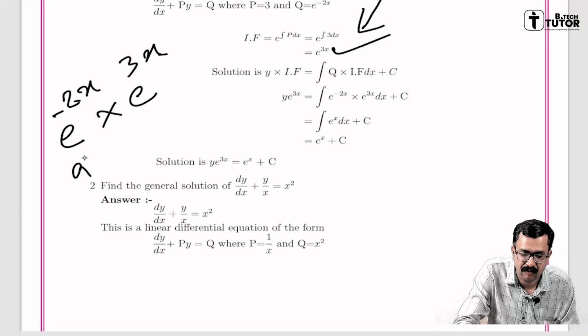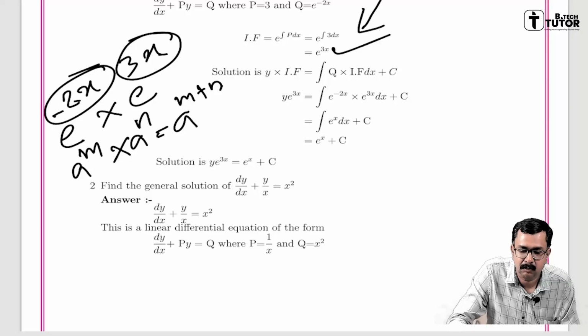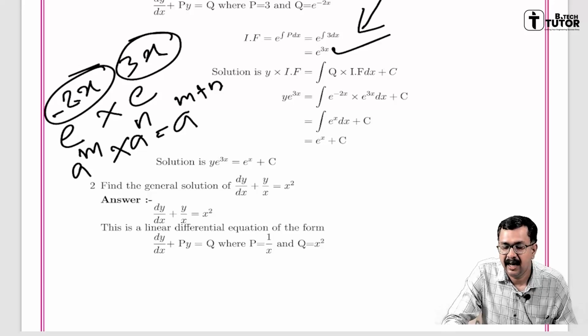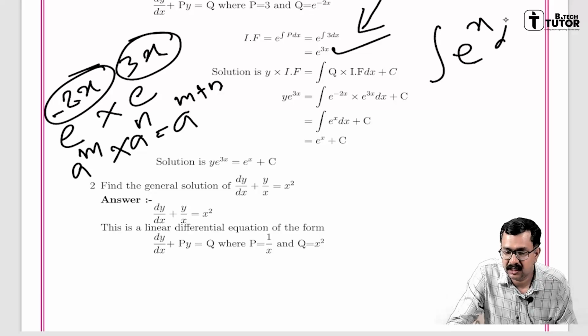This is of the form a raised to m into a raised to n, and the answer is a raised to m plus n. Here we have minus 2x and plus 3x, that means minus 2x plus 3x, that is x. Therefore, we get integral of e raised to x dx.